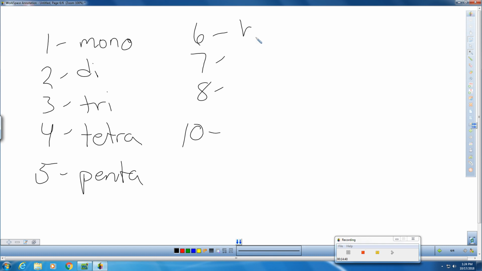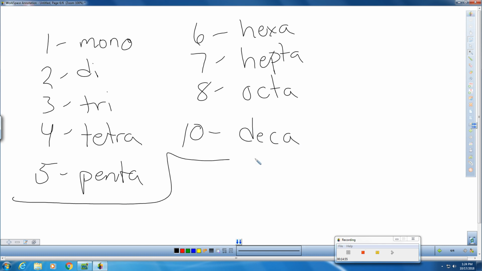These are the most common that you're going to have. Hexa, hepta, and octa, and then the last one is simply deca. Those are the prefixes that you need to be somewhat familiar with, just so that you can tell how many atoms we are actually requiring you to have in there.